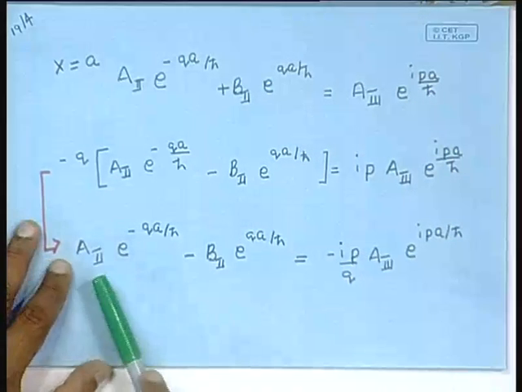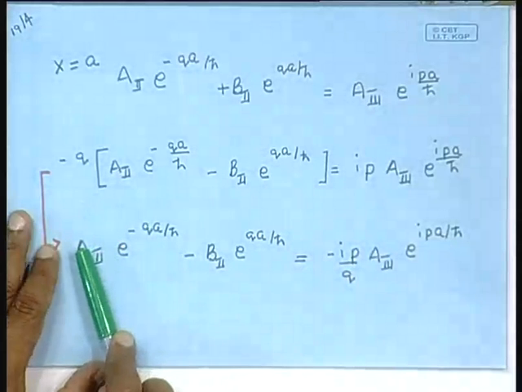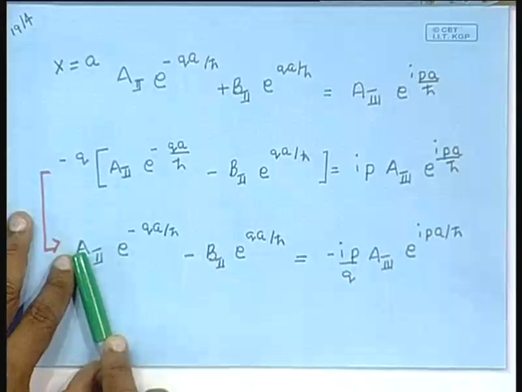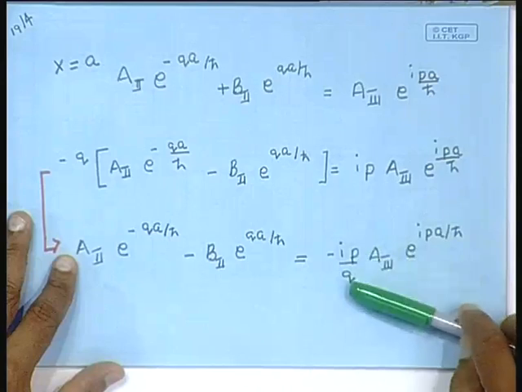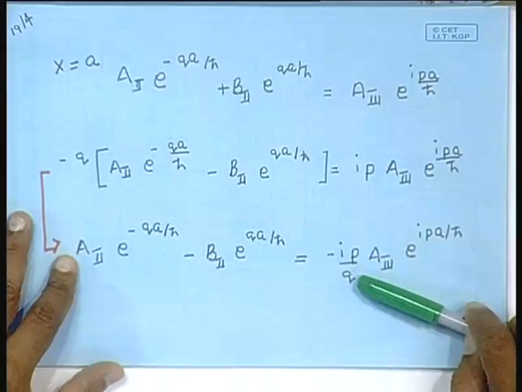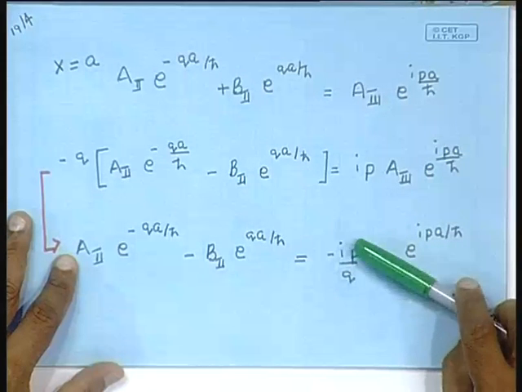Now, let us first look at the second boundary condition, which comes from the continuity of the first spatial derivative across the boundary. And note that on the right hand side we have the ratio p by q. Now, we have assumed that p by q is much smaller than 1.